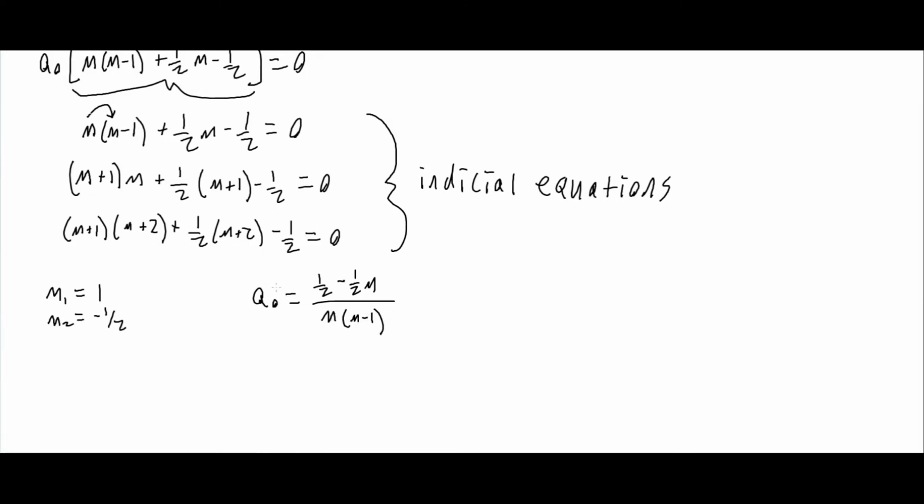This is how we would get the a naught, and we would solve it twice: once for m equals 1 and once for m equals minus a half.